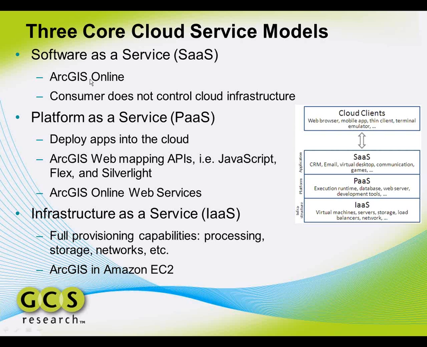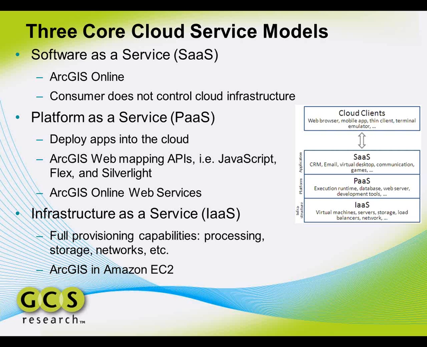So ArcGIS Online, if she's going to just author maps and create and publish on ArcGIS Online, that's considered software as a service. If she's going to actually provision her own operating system in the cloud and maintain and administer her ArcGIS server instance similarly to the way she does it on premise now, that would be considered infrastructure as a service.